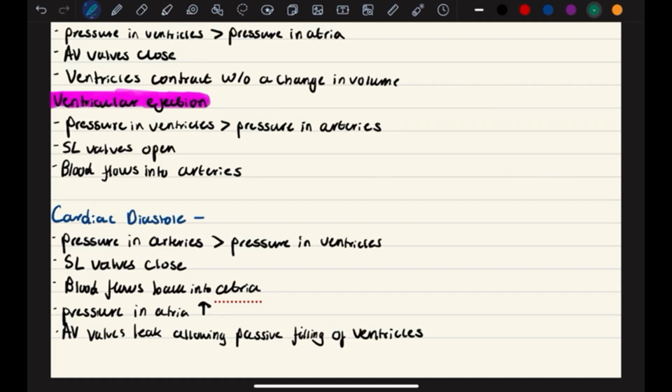What this allows for is that your AV valves can actually leak. So you're going to have this passive ventricular filling because your AV valves are leaking a bit of blood into the ventricles. That is then going to bring us back to a point where we've got sustained blood coming into the atria, which is going to mean eventually the pressure in the atria exceeds the pressure in the ventricle. Atria contract, and we've started the cycle again.